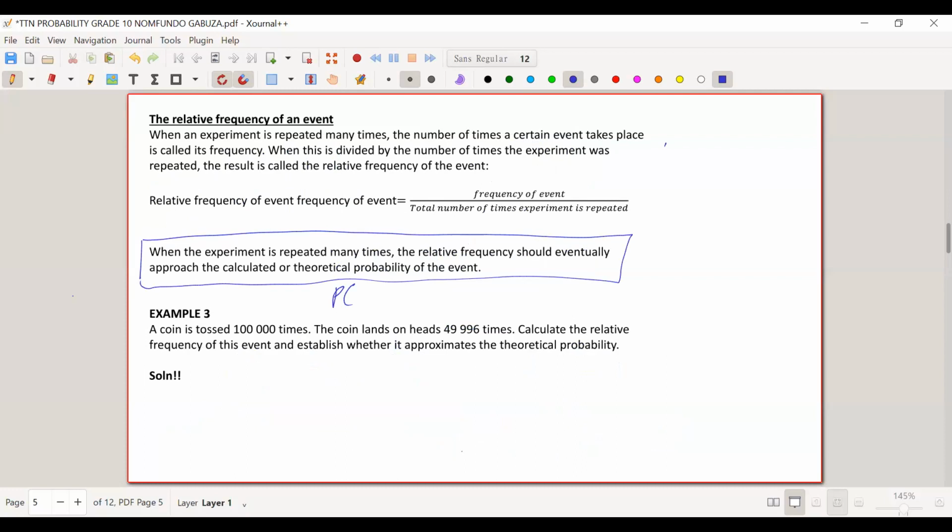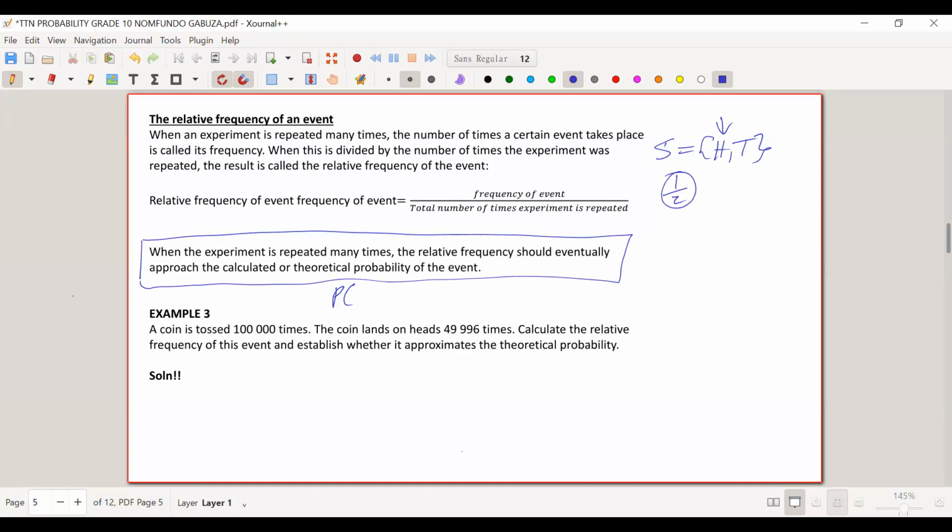So a sample space would be heads and tails, right? So the theoretical probability of getting heads is going to be 1/2, right? It's going to be 50% chances. So this is what I mean by the theoretical probability.